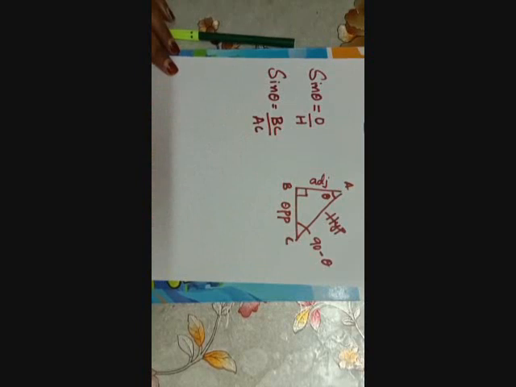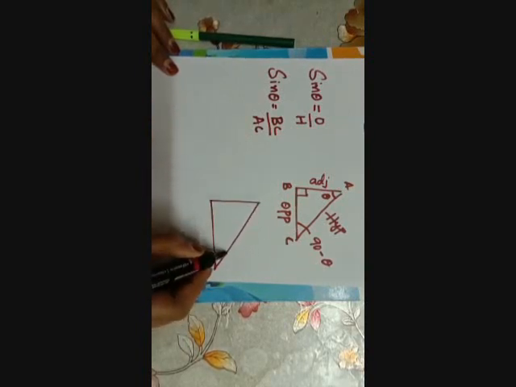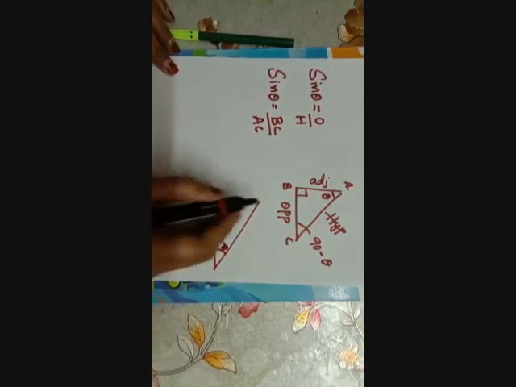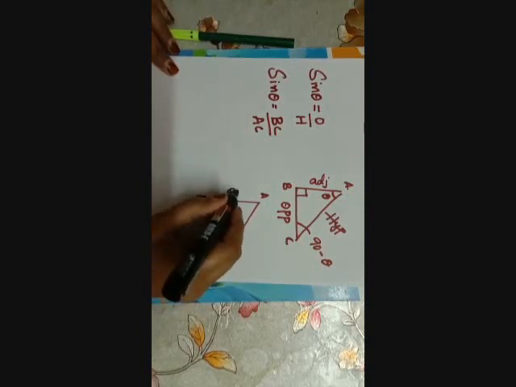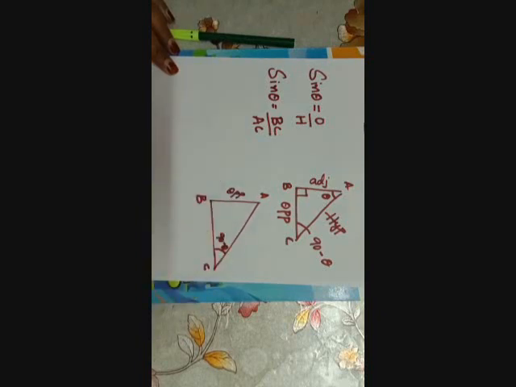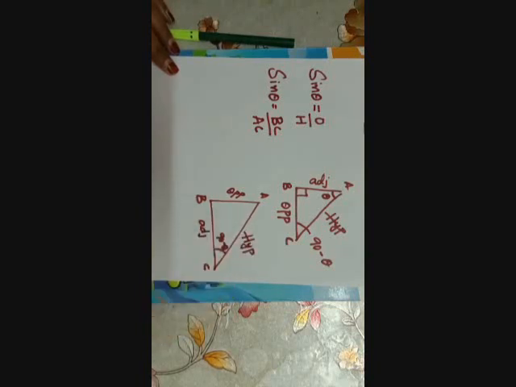Clear? When I consider angle C, that is 90 minus theta, the side opposite to 90 minus theta is AB. So I write here AB. And the side adjacent to it is BC. So I write here adjacent. AC is the hypotenuse.